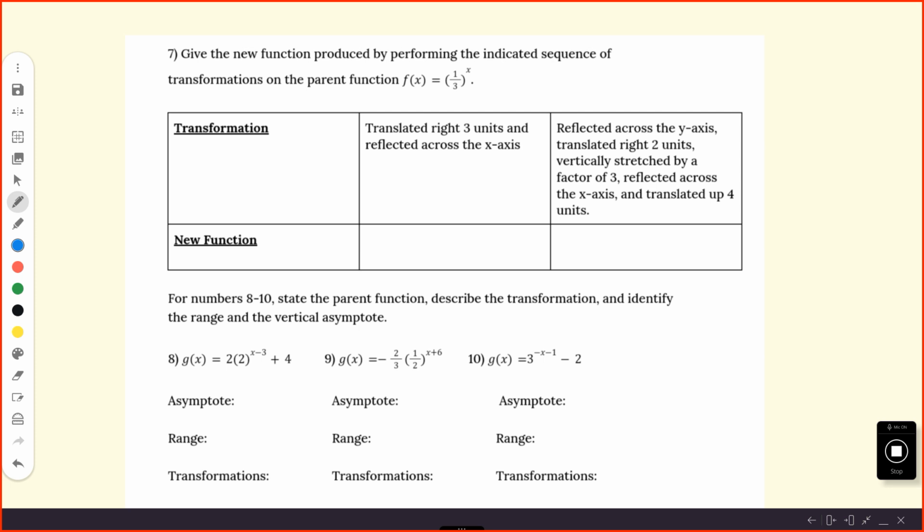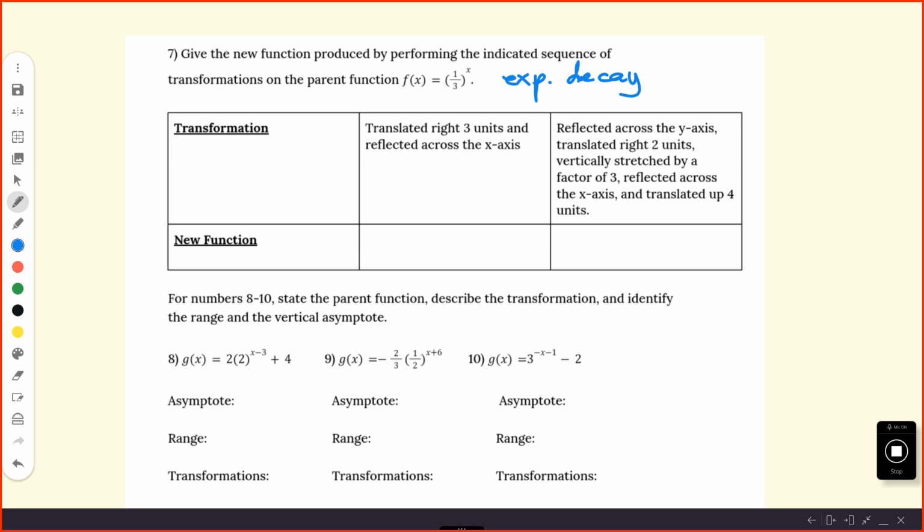Okay, so here our parent function is f of x equals 1/3 to the x. This time we're dealing with an exponential decay, right? Since the base is 1/3, we're going to use that 1/3 for a new function.